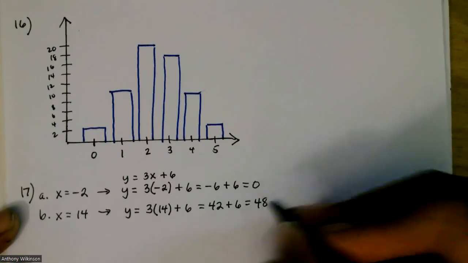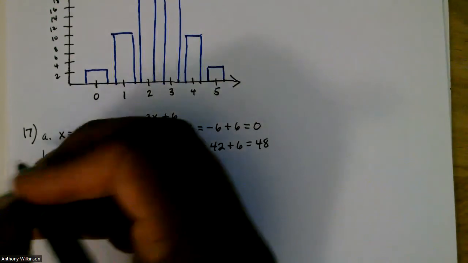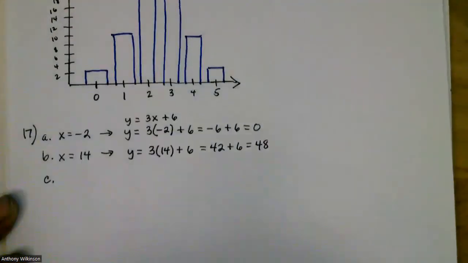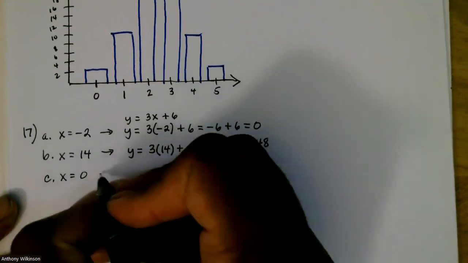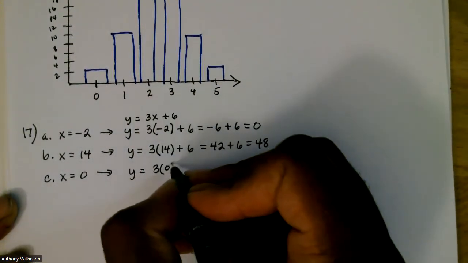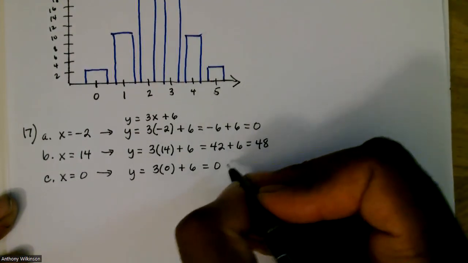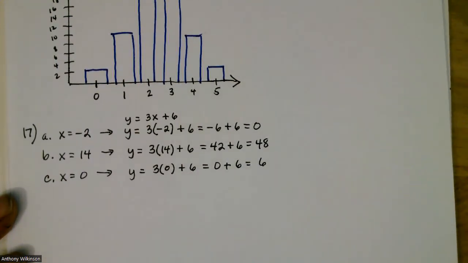That adds up to 48. And then part C was 0. So that means x is equal to 0. That would mean y is equal to 3 times 0 plus 6. So 3 times 0 is 0 plus 6 would be equal to 6.